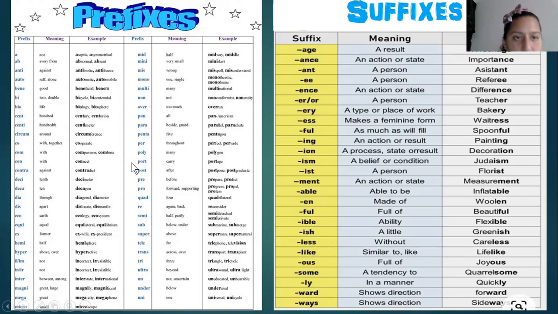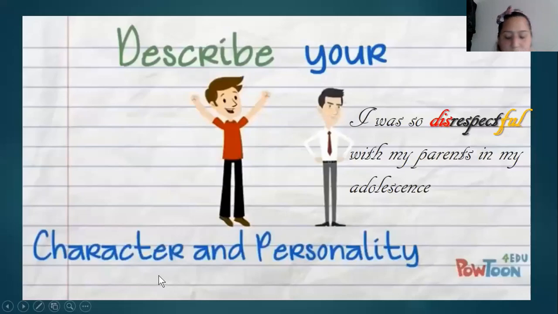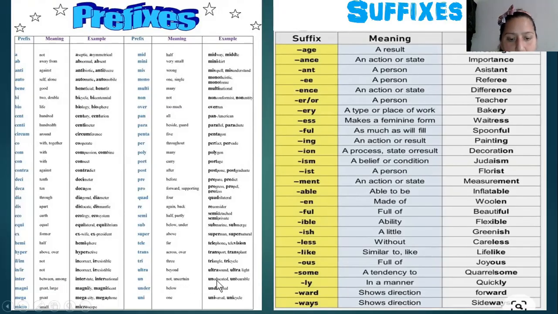Imperfect and micro that I said. Un, it's going to be used like not: uncertain. Uneducated, unbearable.